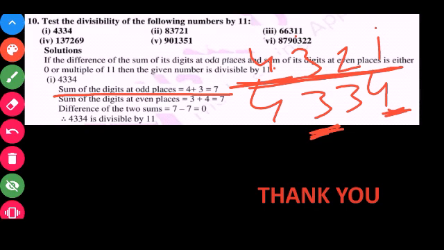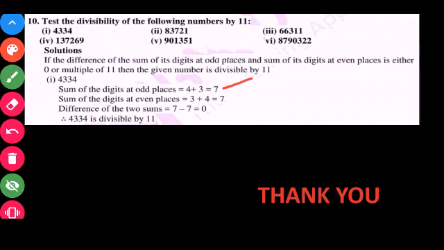And now the sum of digits at even places. This is an even place and this is also an even place. Which digits? 3 and 4. Again 3 plus 4 at even places is 7. So first you find the sum of digits at odd places and even places, both equal to 7, and their difference is 0.